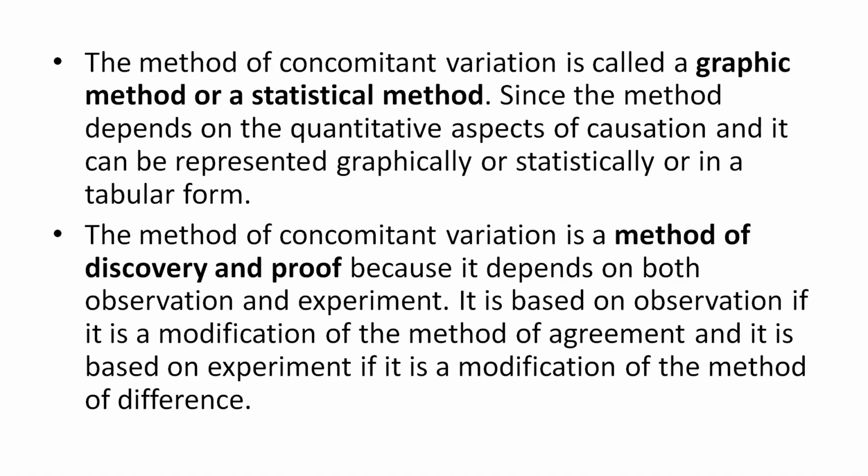The method is treated as a graphic or statistical method since it depends on the quantitative aspects of causation, and it can be represented graphically or statistically in a tabular form. We can consider this method to be a graphic method or a statistical method.